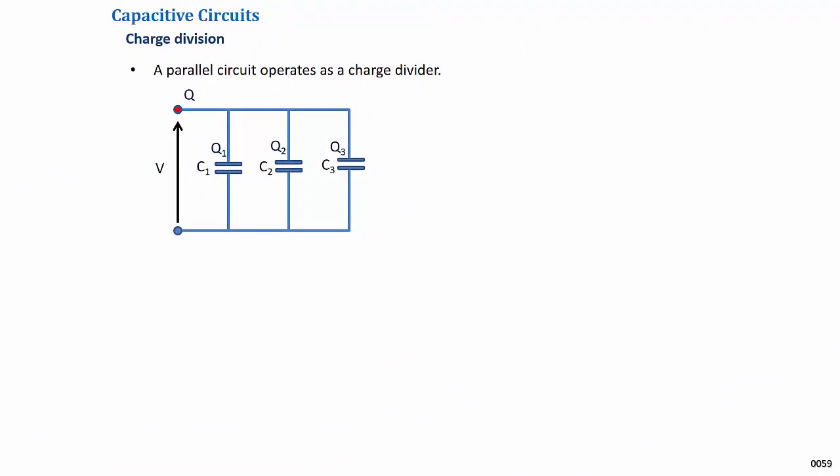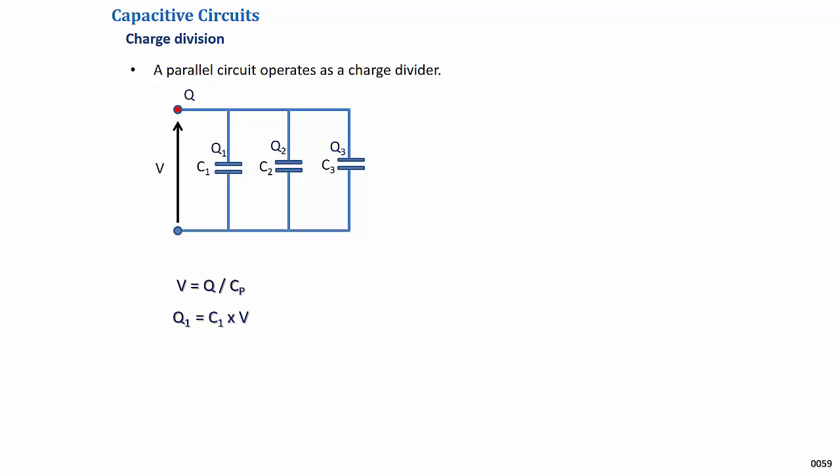Parallel circuits may also be considered as a means of dividing the total circuit charge between a number of capacitors. Consider the parallel circuit shown. Using the formula to determine the circuit voltage, V equals Q divided by Cp, where Cp is the total circuit capacitance.